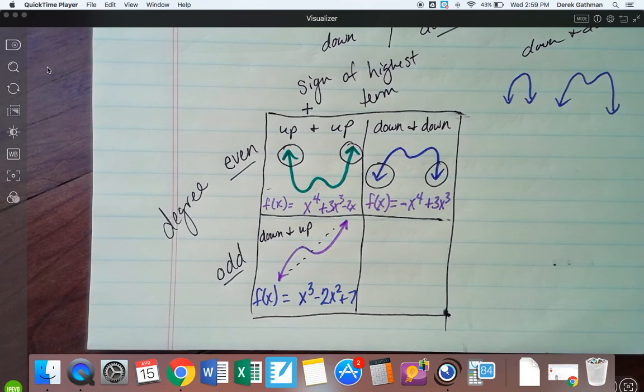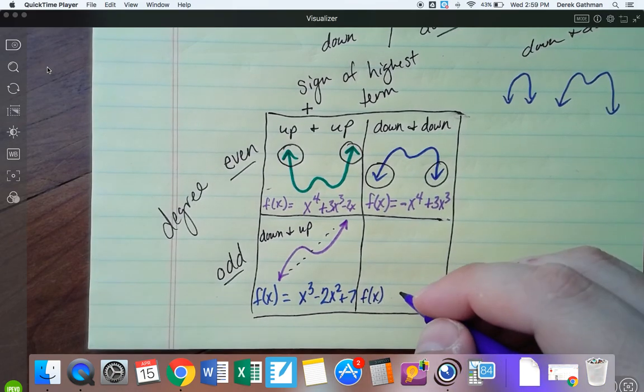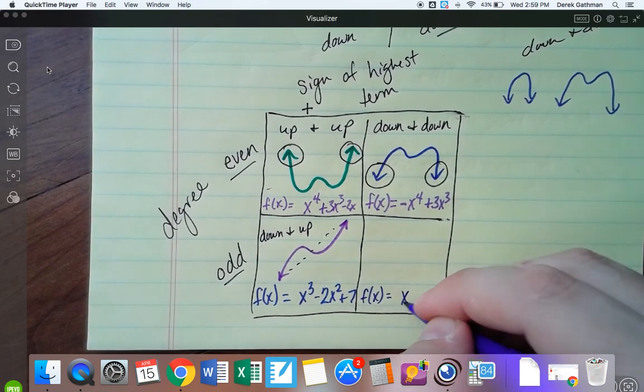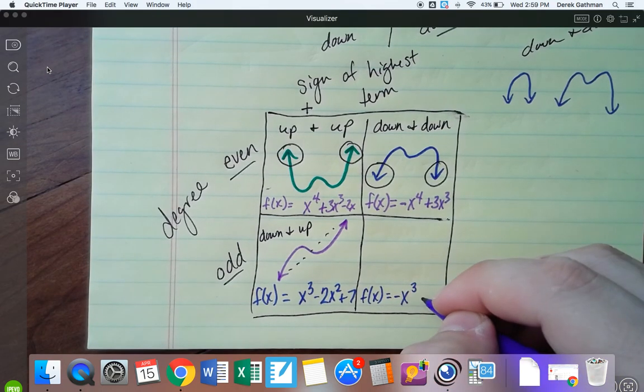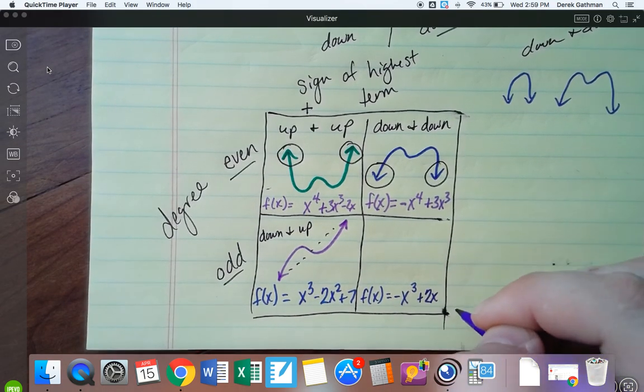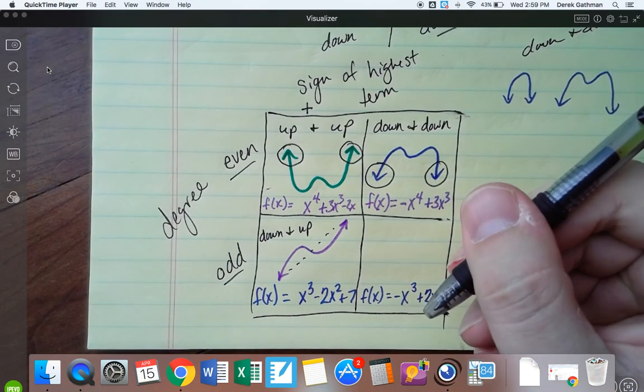So then if I had a function that was odd, meaning, yep, x to the third power, but it had a negative out in front, and it doesn't matter what's behind it, then I'm going to have up and down. It's just going to flip that.